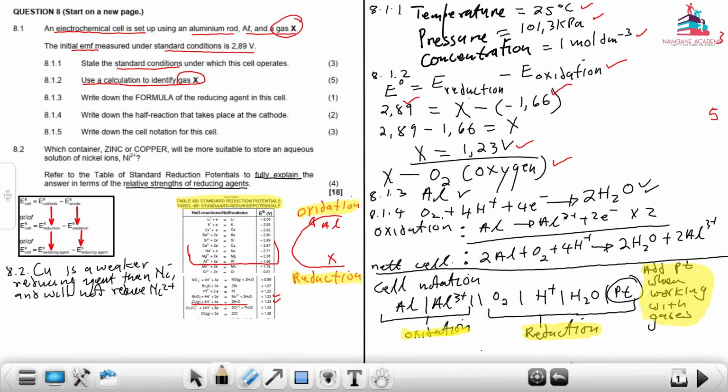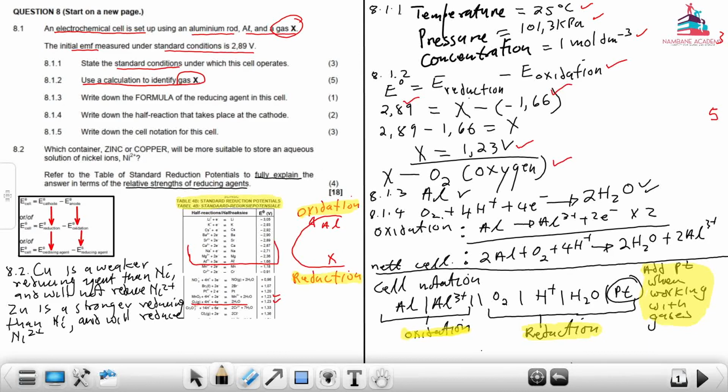Then we check the zinc. Zinc is a stronger reducing agent than nickel and will reduce nickel 2 plus.